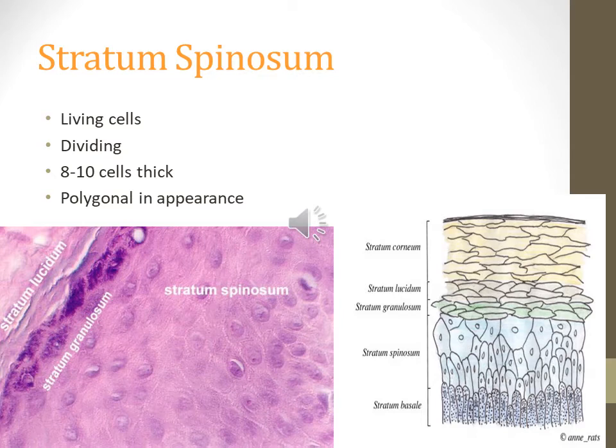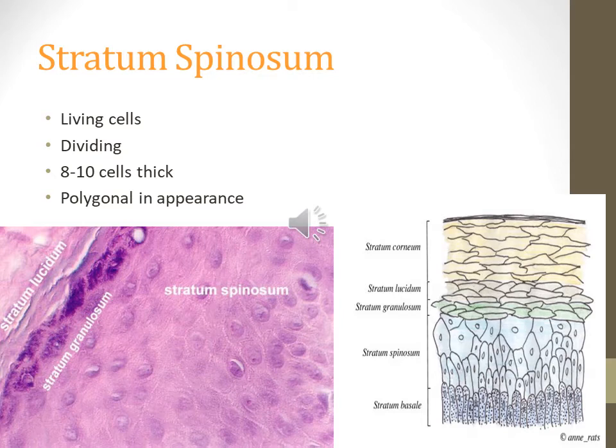Here we house our Langerhans cells, so those cells that activate immune response. These have an interesting shape to them as they begin to have keratin, right, as they head to that granulosum and they begin to flatten.